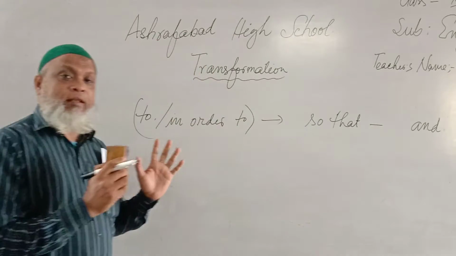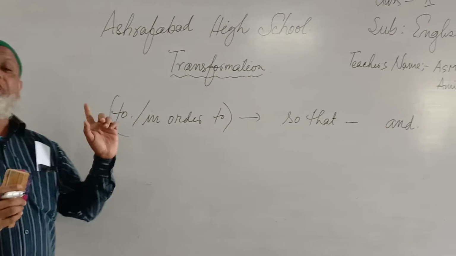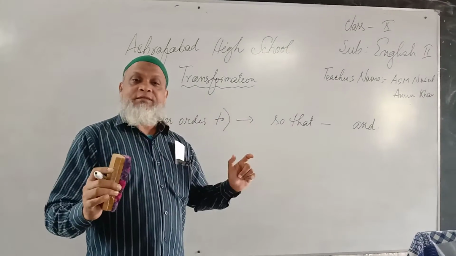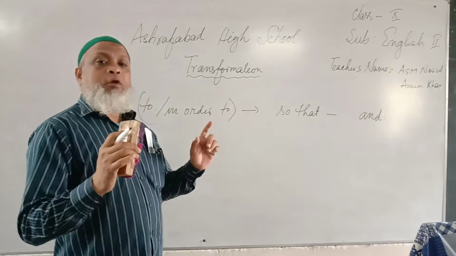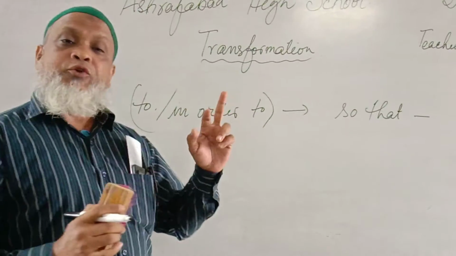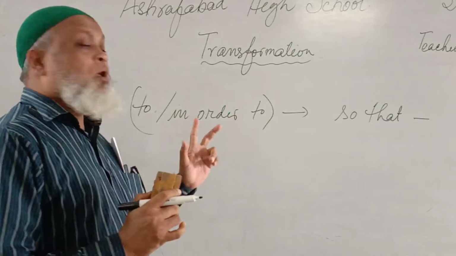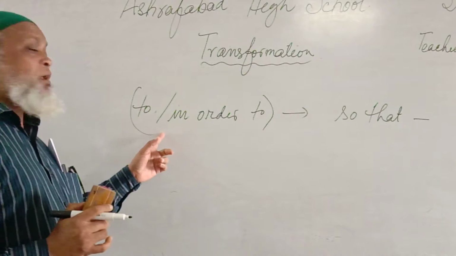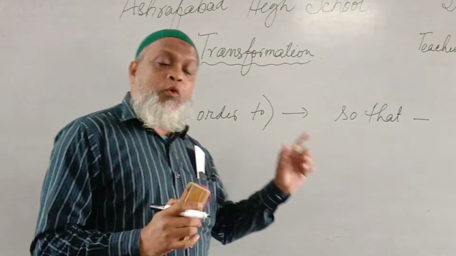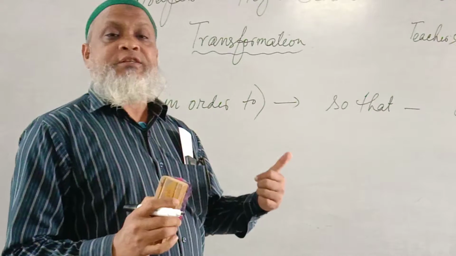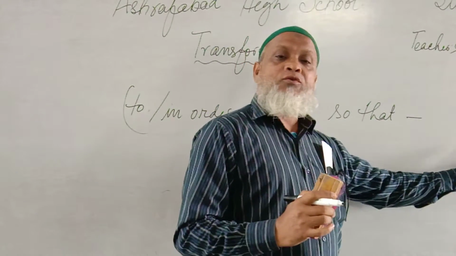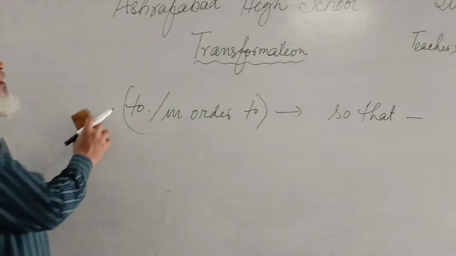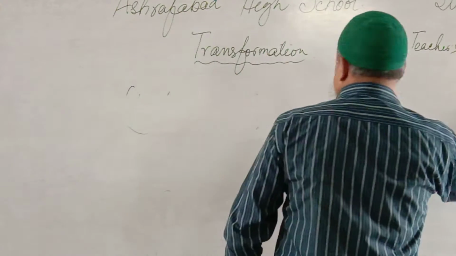In this circle we have to remember that if we find so that in a complex sentence, we can change it into simple by using in order to, and into compound by using and. If you follow my example, it will be easy for you to change it.